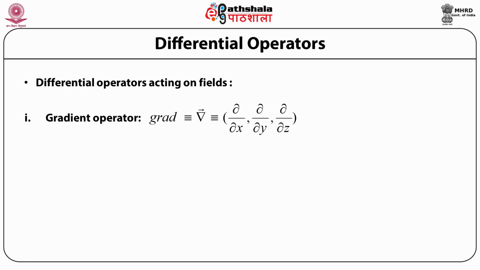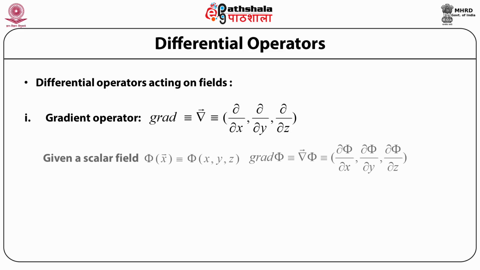In terms of tensors, we can write the del operator as del_i equal to del by del x_i times the unit vector x_i.